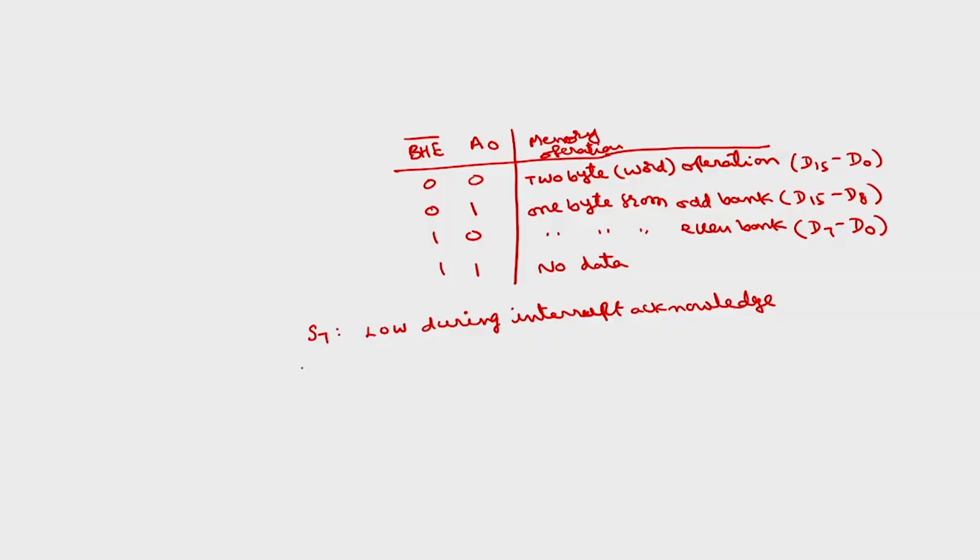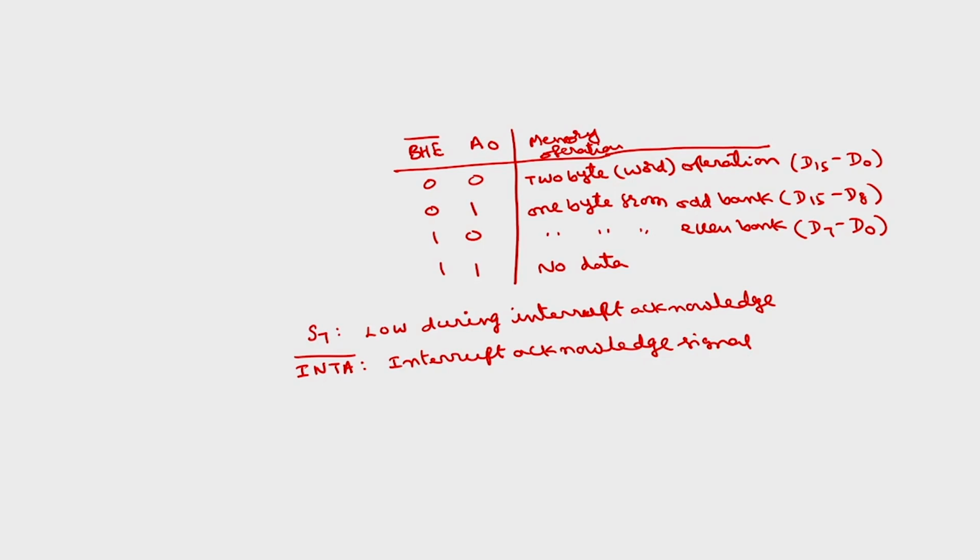Then it will send the interrupt acknowledge signal. There is one more signal called INTA bar, which is called interrupt acknowledge signal. So whenever the microprocessor puts a logic 0 on this active low signal, that means the external device understands that the microprocessor is going to service the interrupt routine of that particular interrupt.